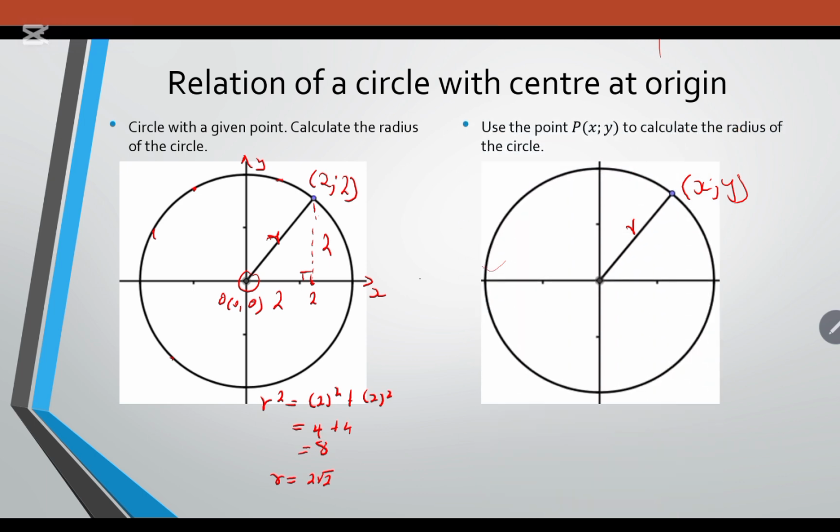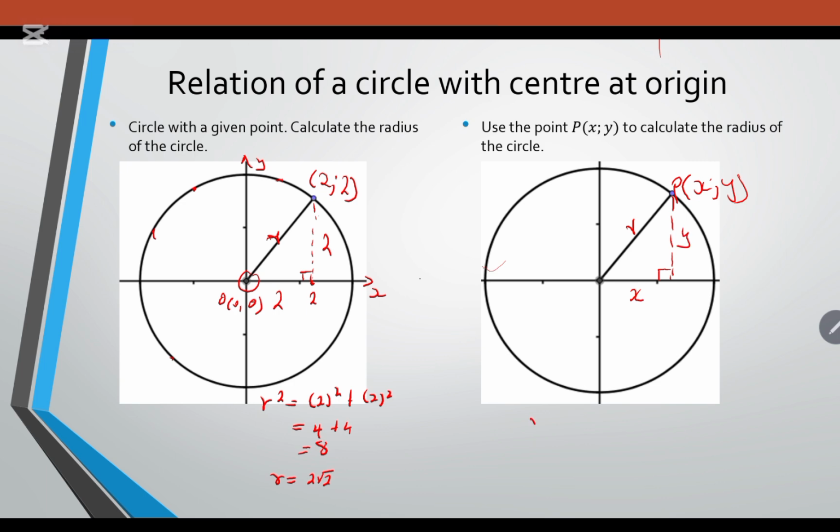Now, let us look at the very same circle with the general point. So use the point P, that is the coordinate x and y, to calculate the radius of the circle. We're going to do the same thing that was done in the previous circle. We drop a perpendicular at point P to complete a right-angled triangle. Therefore, the horizontal distance here is x and the vertical distance is y.